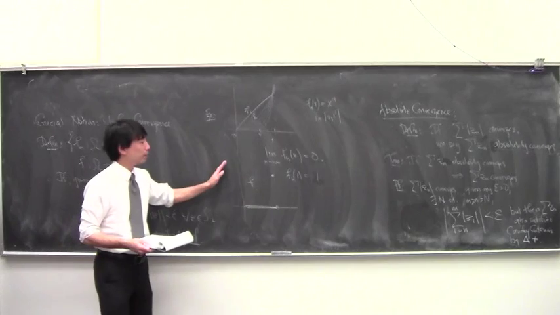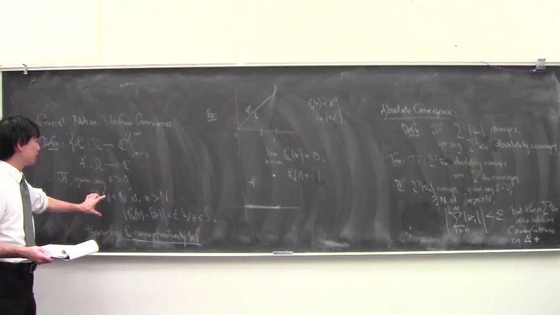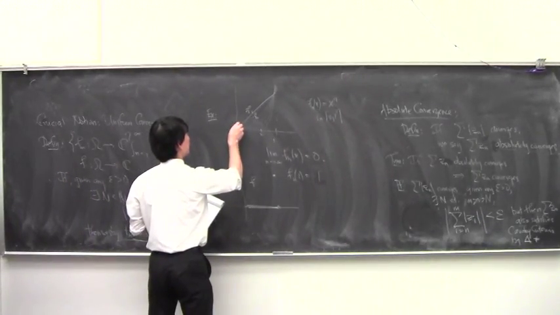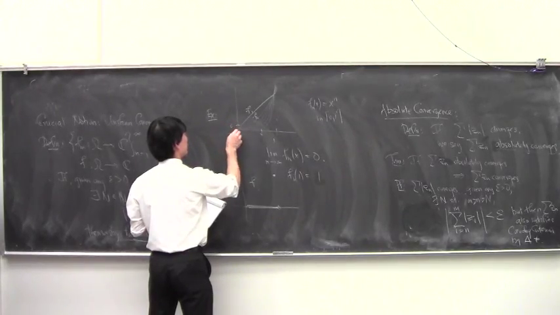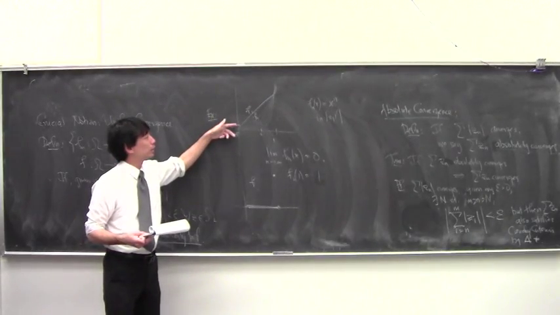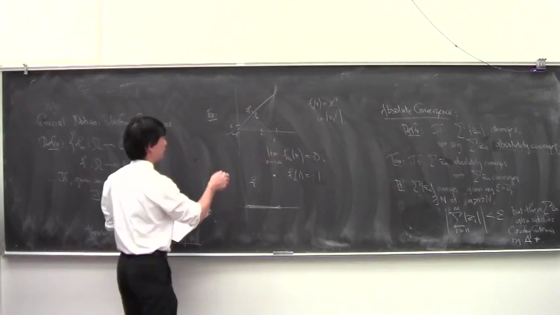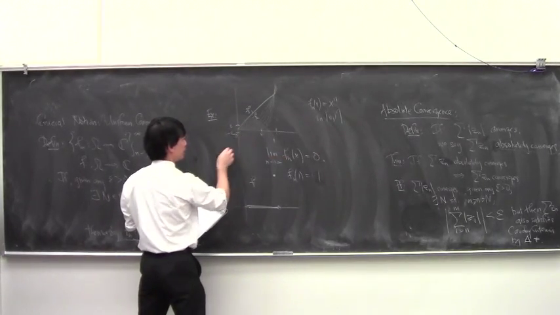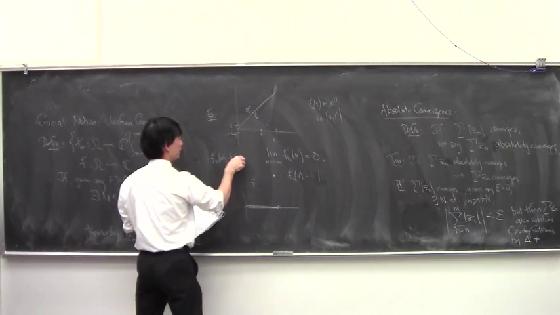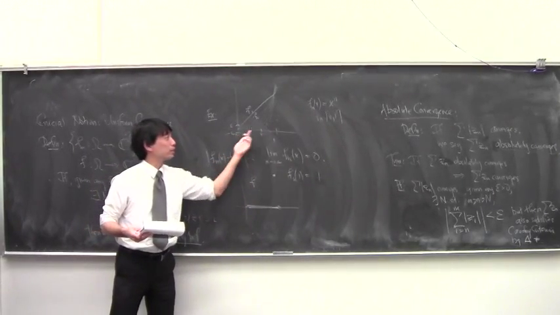Okay, but you notice that if I say here's an epsilon, I'd like you to find a time past which all the f sub n's minus f are less than epsilon for all x over this interval.